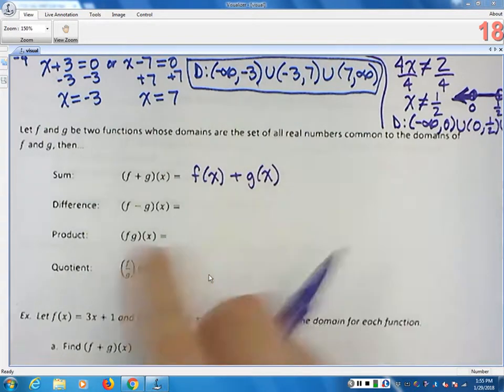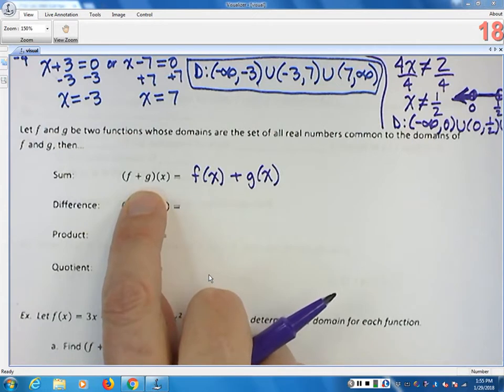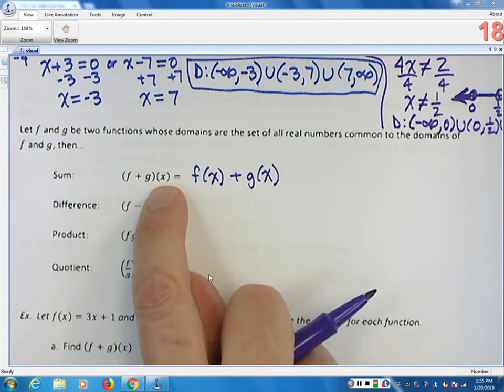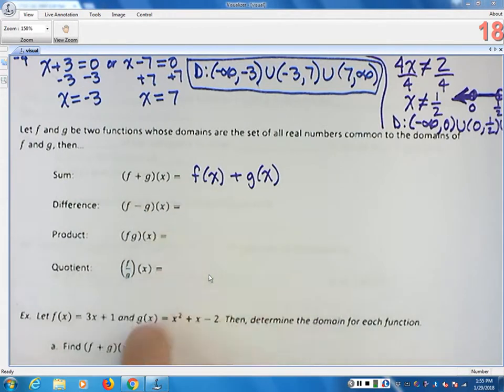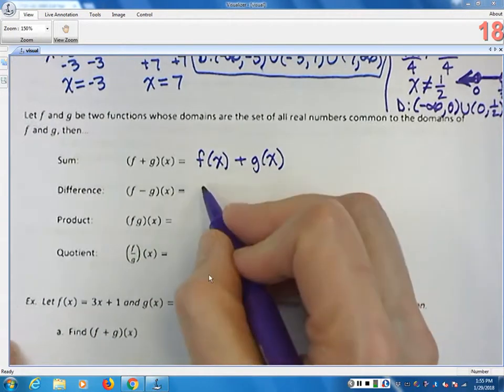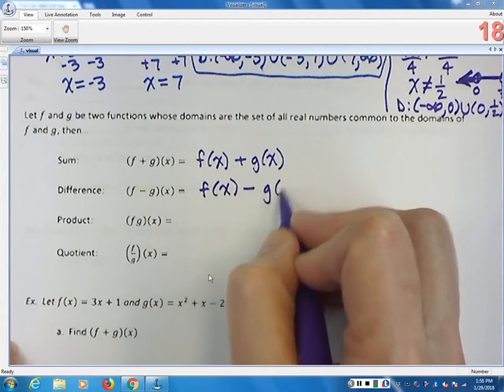This is just function notation for adding two functions. It does not mean that you multiply through by x. A lot of people keep thinking that. And this is just function notation for taking the difference of two functions. So it actually means f of x minus g of x.